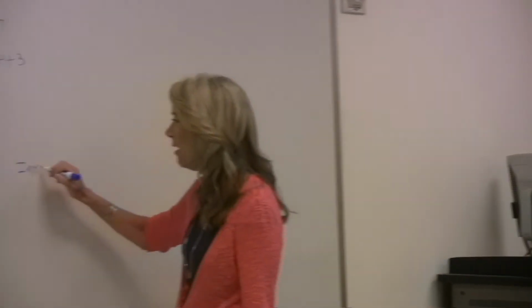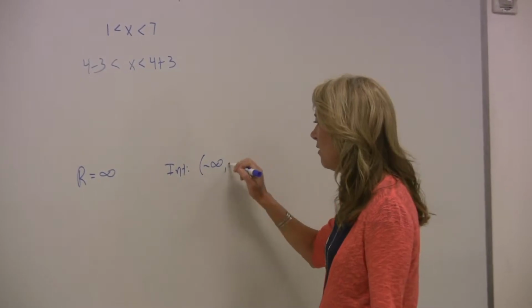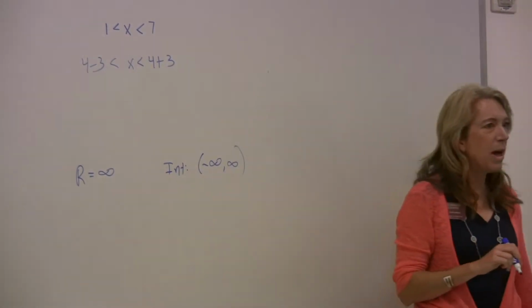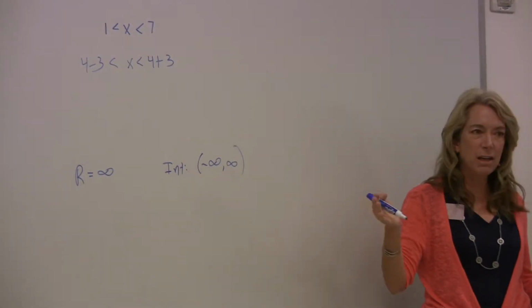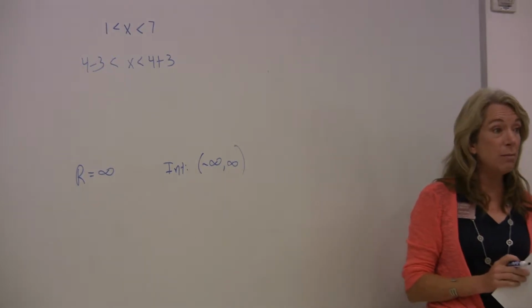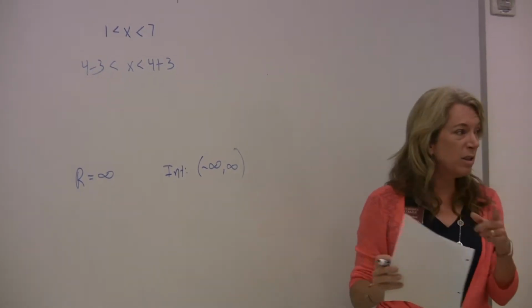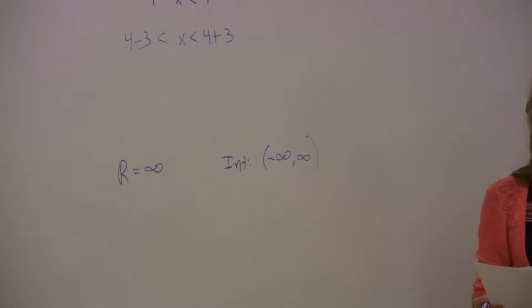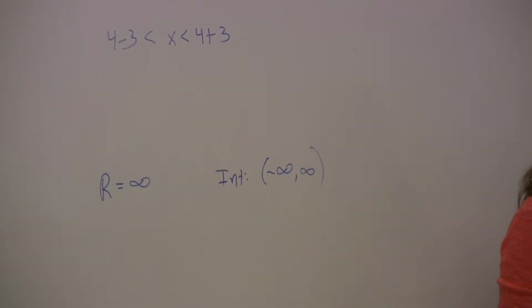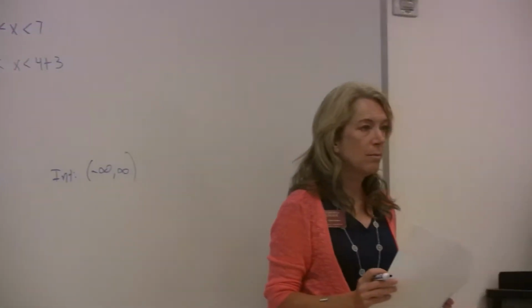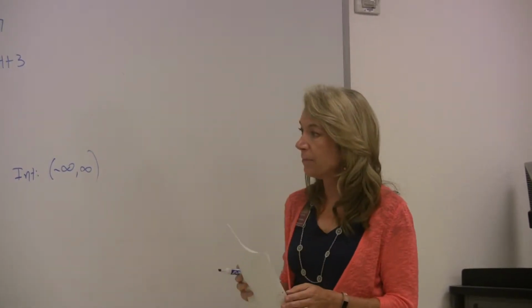If you can go infinitely in each direction, what interval? Yeah, the interval would have to then go from negative infinity to infinity, right? Any possible x you wanted could go infinitely in either direction. That does happen sometimes. There are some power series that converge for any value of x. I don't care what x is, it will converge no matter what. We'll see one of those coming up.